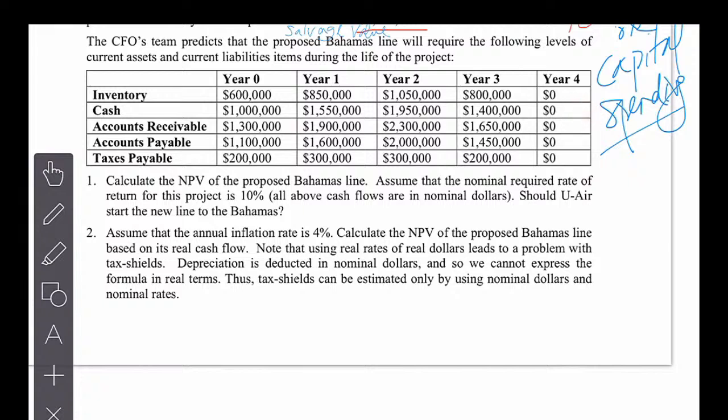Okay, so you see this is all just a string of zeros. Accounts receivable, accounts payable, and taxes payable. So these are current assets and current liabilities put together in a table for you to compute. What we want to get out of this is net working capital investment.